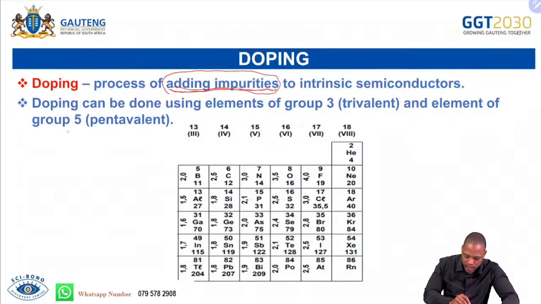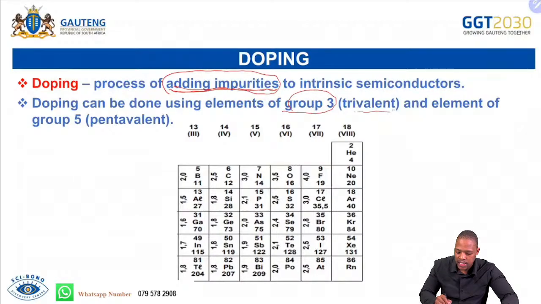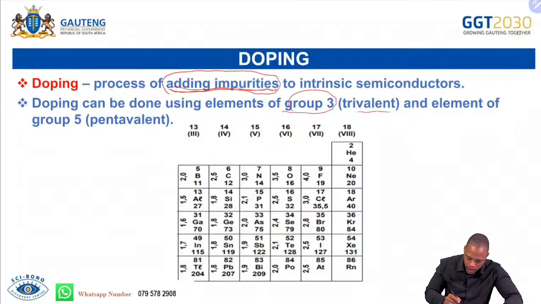What impurities? These impurities will be elements that I get from group 3. Those elements are trivalent. Remember that, elements that I find in group 3. So this would be my periodic table of elements. I've taken only the part that is needed for this section, grade 12. The periodic table obviously is not this much, but the elements that are in group 3 would be these elements.